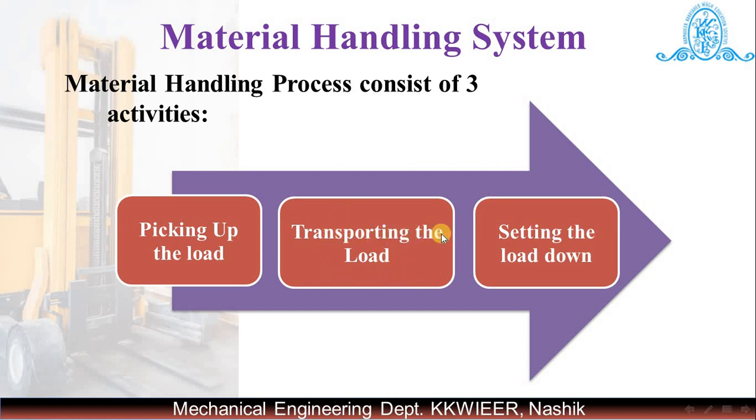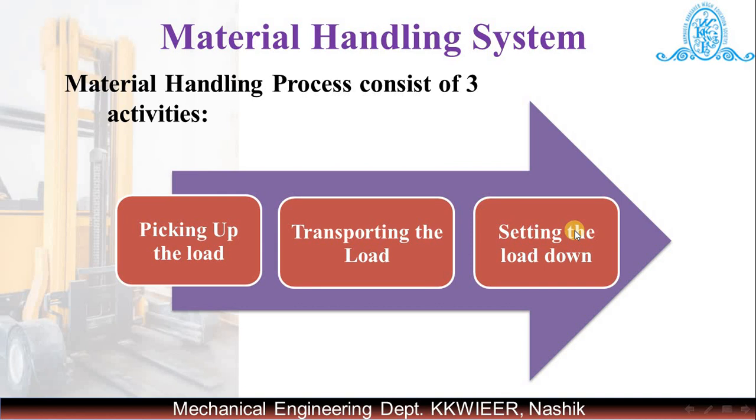And then the last step is setting the load down. Whenever our products are totally manufactured and finished, they are to be placed or packed, so setting down will be our third step. So these three basic steps are involved in every type of material handling system.